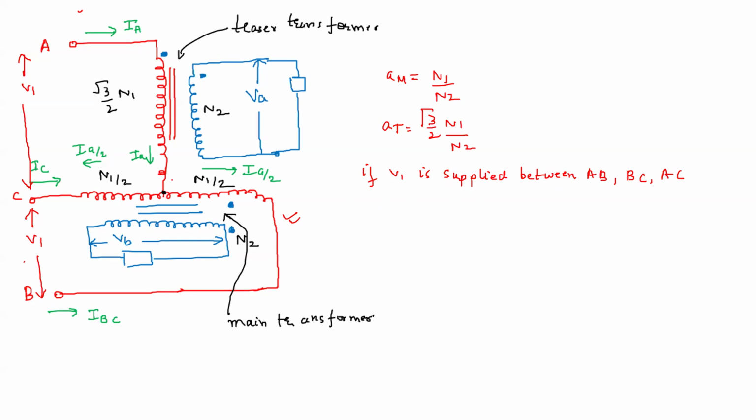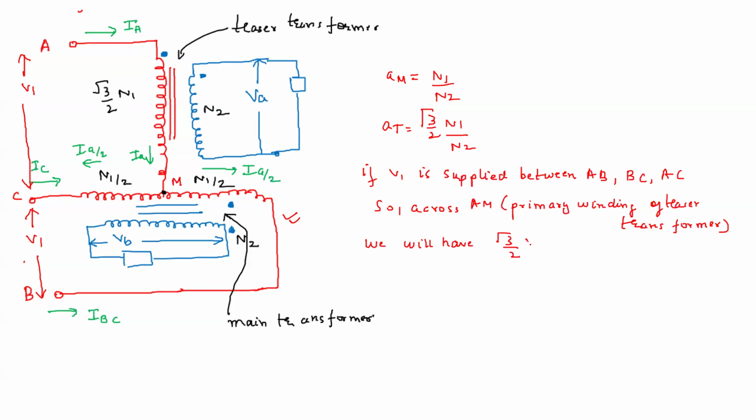Let us write this as M. So across AM, the primary winding of the teaser transformer, we will have root 3 by 2 V1.